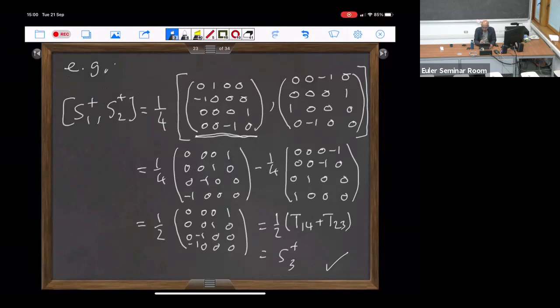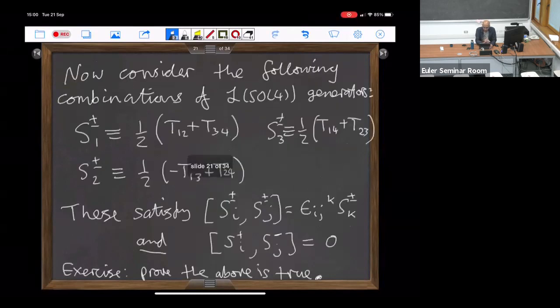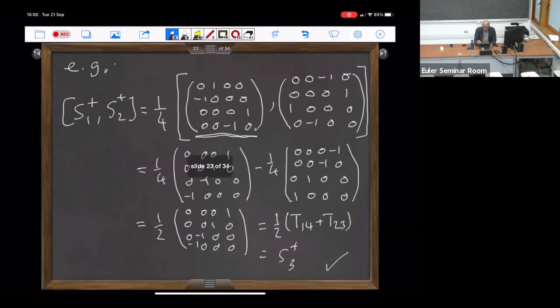And S2 is minus the 1-3 generator plus the 2-4 generator. So we have entries in the 1-3 and 3-1 and 2-4 and 4-2 with the appropriate signs. And the quarter is because we've got the overall factor of 1/2 for both of them.